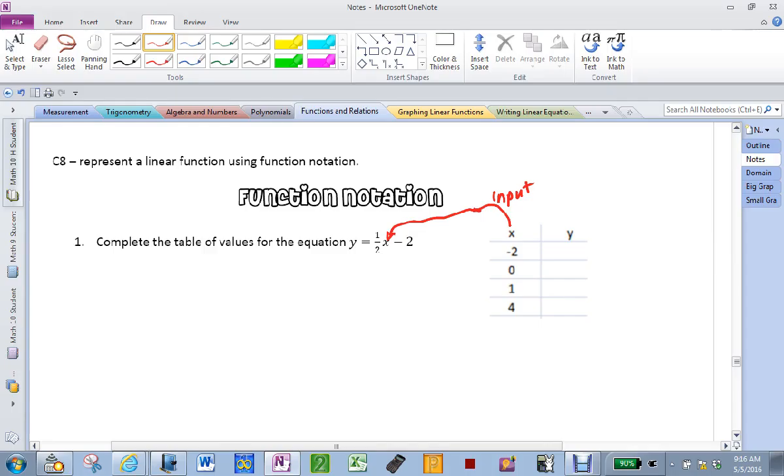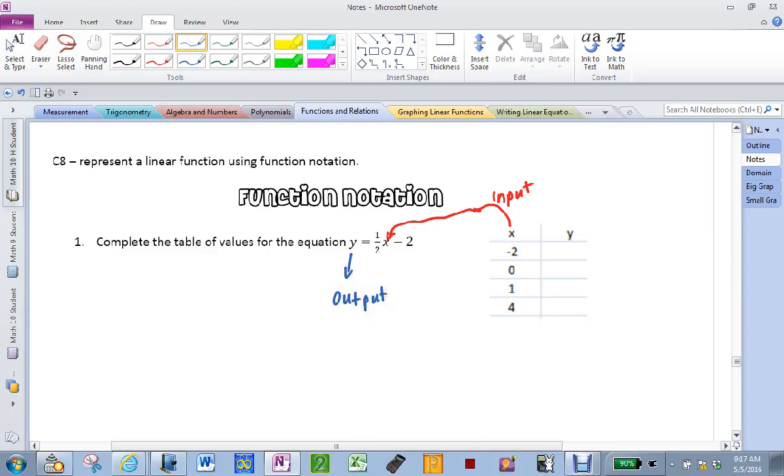An output, or a value for our dependent variable, which is a member of the set that we call the set. What do we call the set of all the outputs? The range, okay? So the input will lead me to the output.